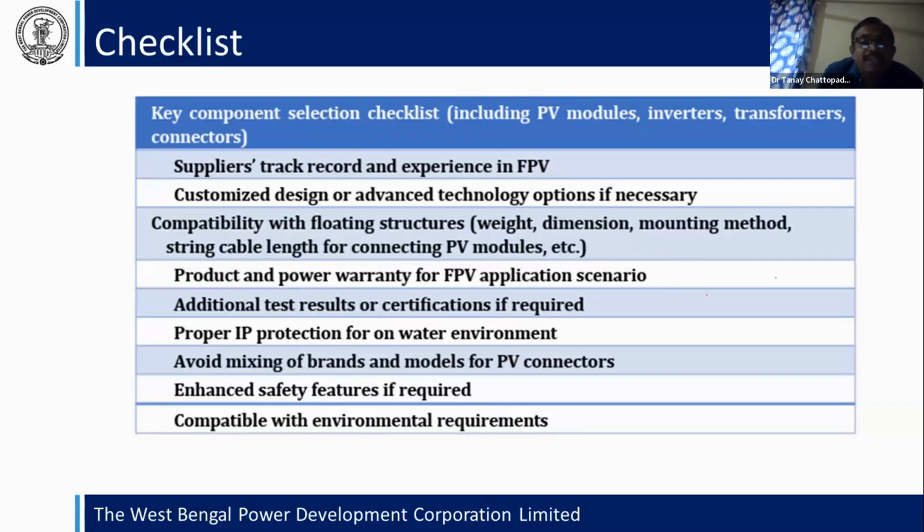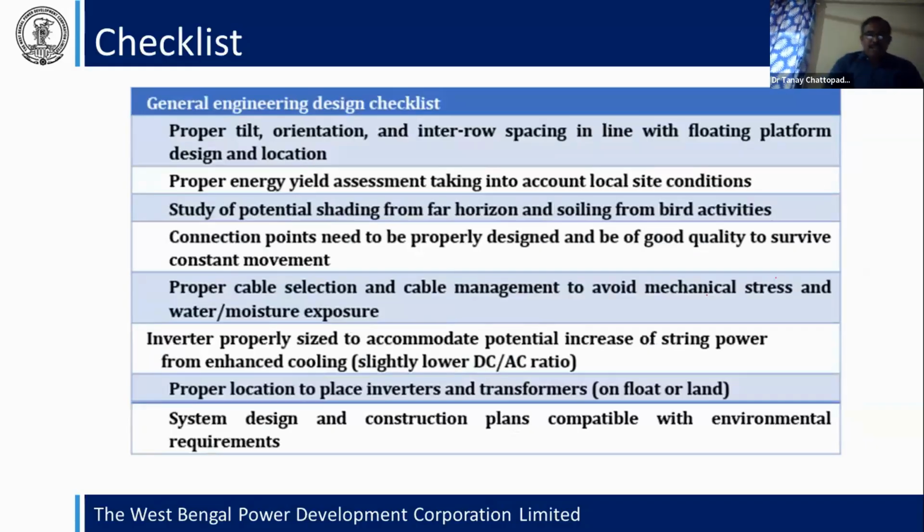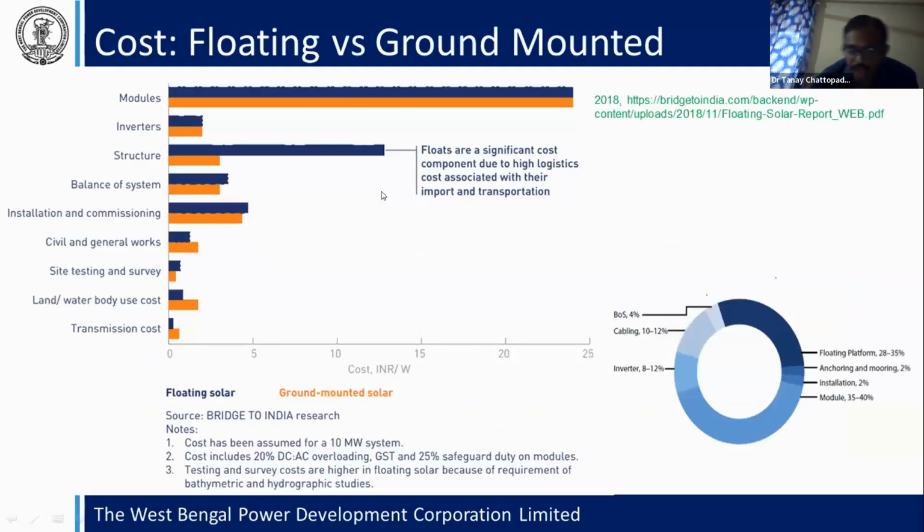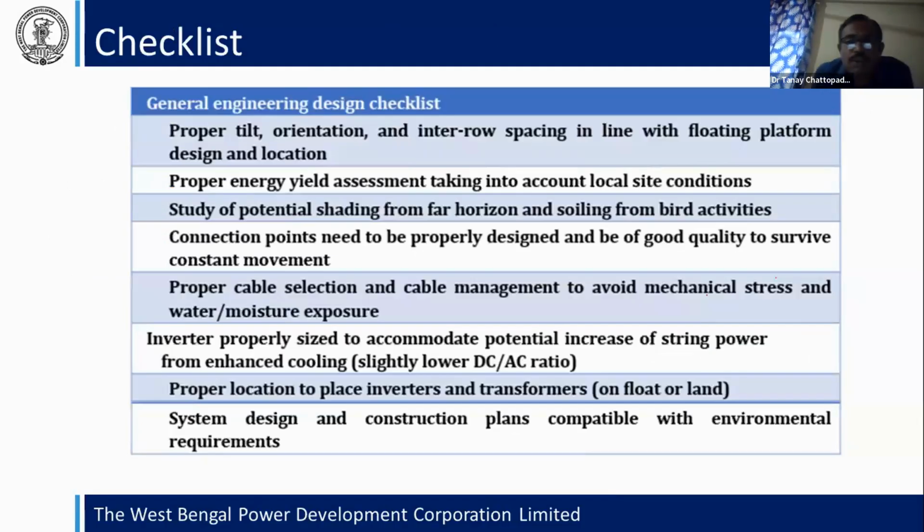Okay, and for the general engineering design checklist, you have to follow the proper tilting, orientation, and the inter-row spacing in the line of the floating platform. In our design we make 5-degree tilting. This tilting is considered for the calculation of wind load.